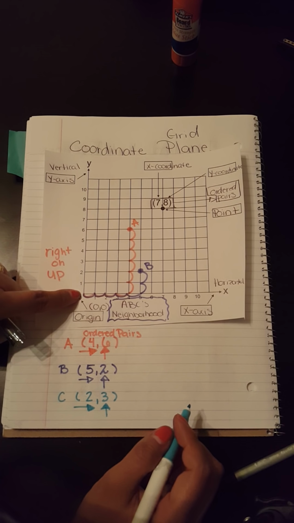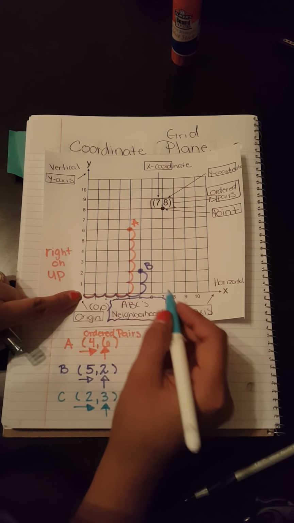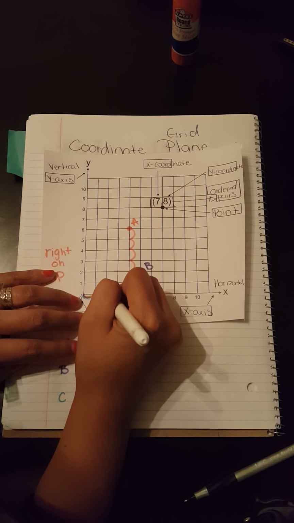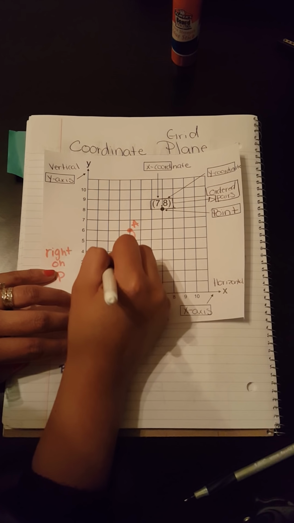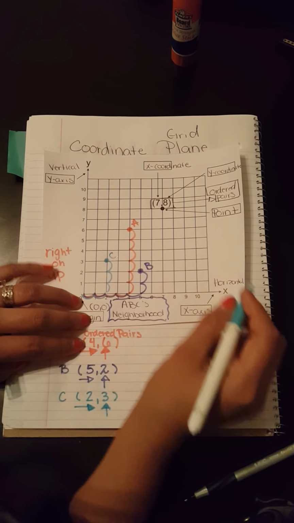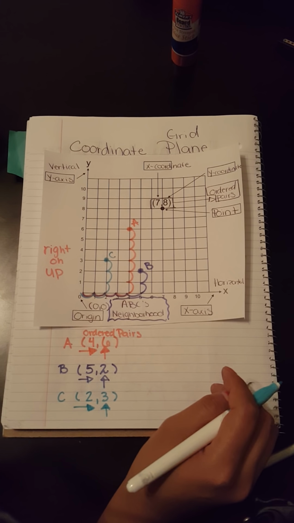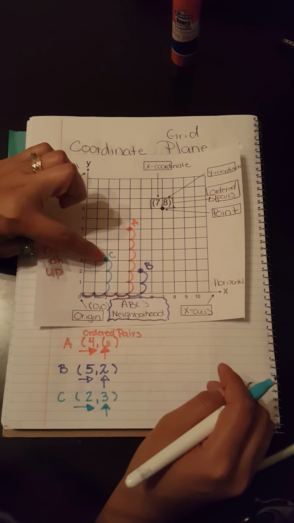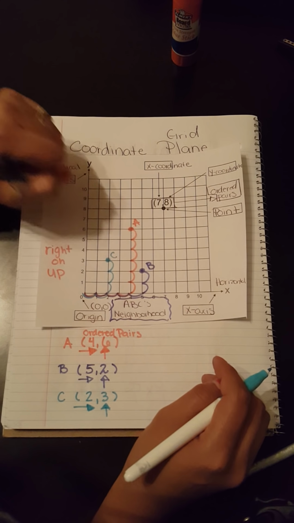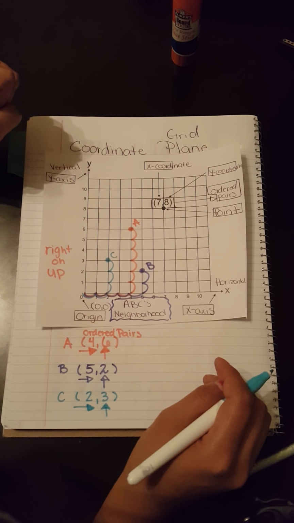And we always start at 0, 0, the origin. 1, 2, and then 3 up. 1, 2, 3. And that is the location of C. And all points on the coordinate plane are always represented with a capital letter.